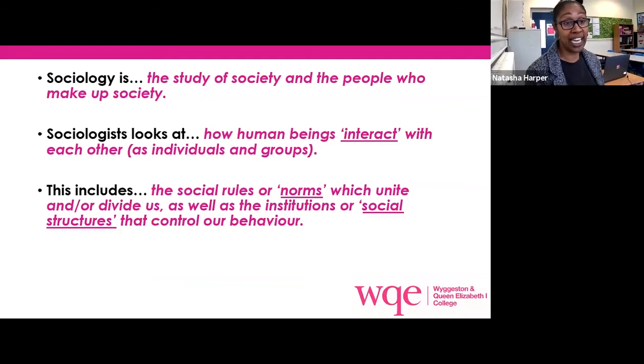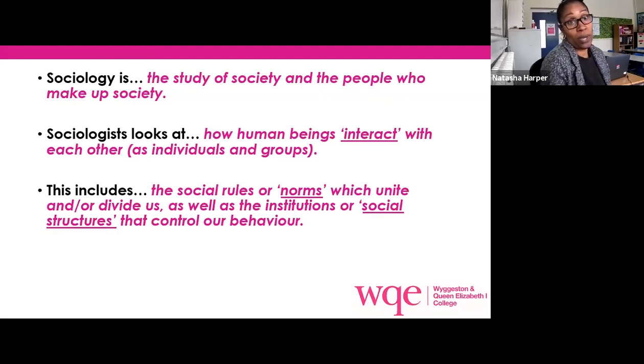What that would include then is the social rules, or what we call the norms, that largely unite or divide us as a group. We have various different norms and values in society that largely enable social life to be possible. If we didn't know what the norms or the rules are for behavior, social life wouldn't be possible. We wouldn't know what's expected of us.